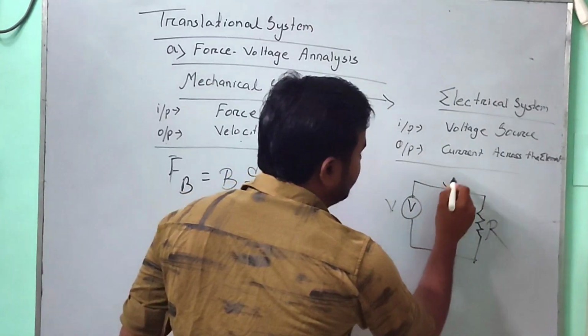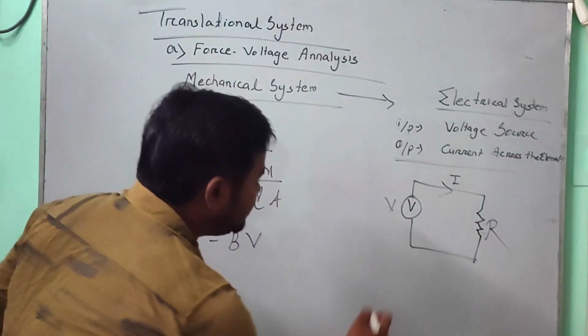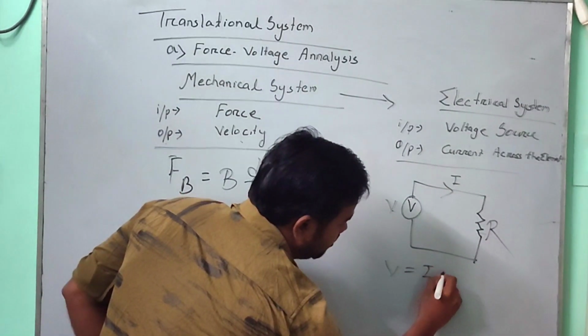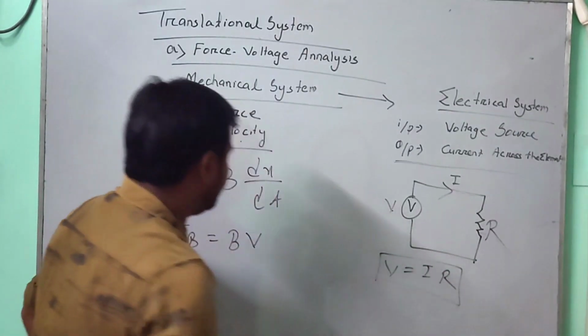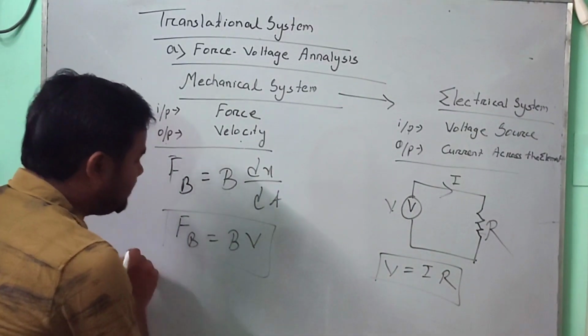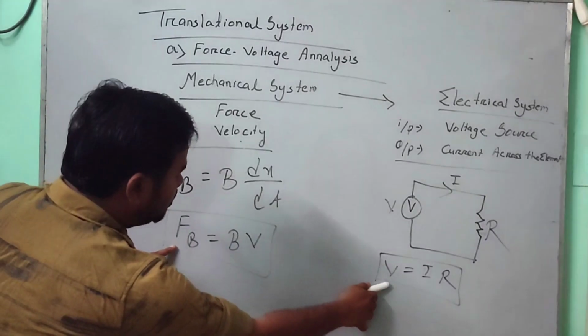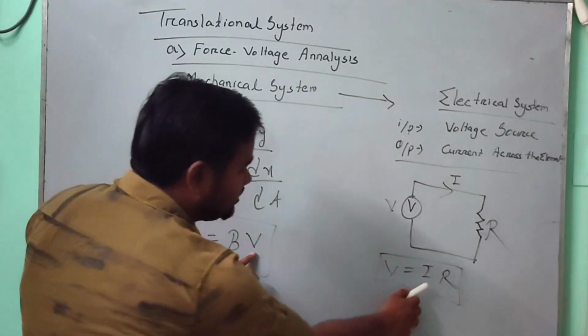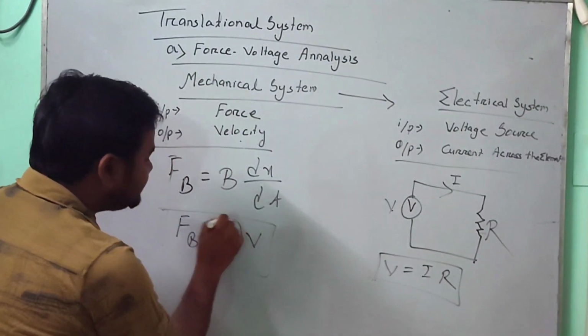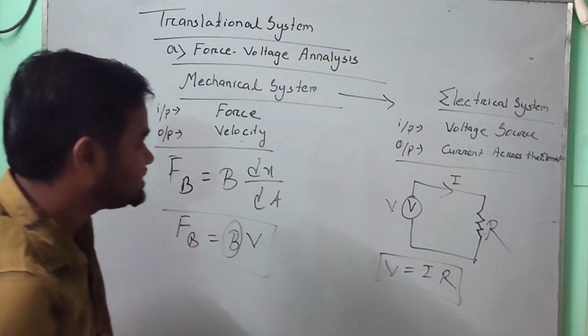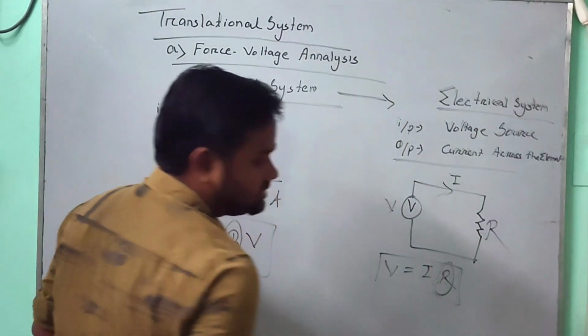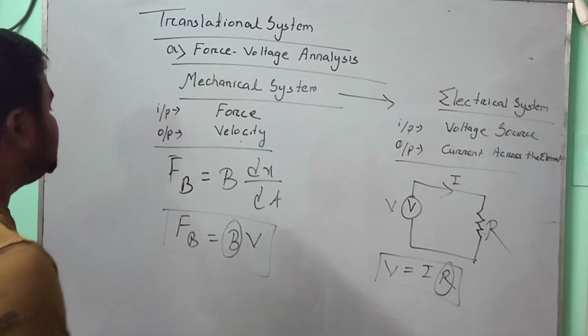Input here is the voltage and current across is I. So here V is equal to I into R. Here f of b is equal to b into v. So force is converted into voltage and velocity is converted into current, and the B, that is the frictional part, is converted into the resistance part. Okay, this is the force due to dashpot.